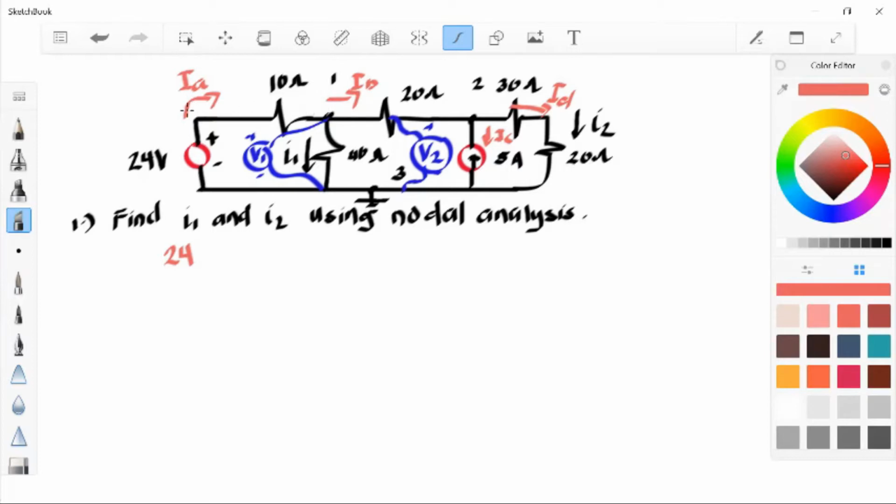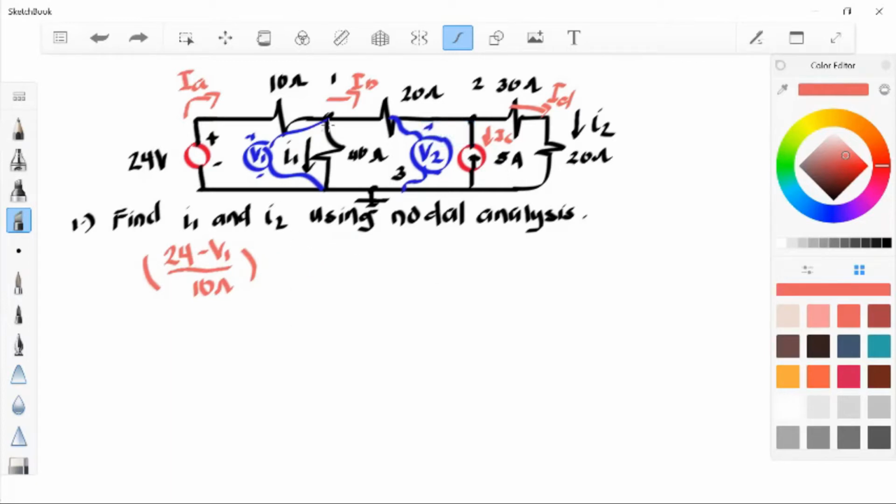So IA would be positive, then minus V1, because V1 is at a much lower potential, over the resistance, 10 ohms. It is a basic KCL, because as you can see, this equation right here is equal to IA.